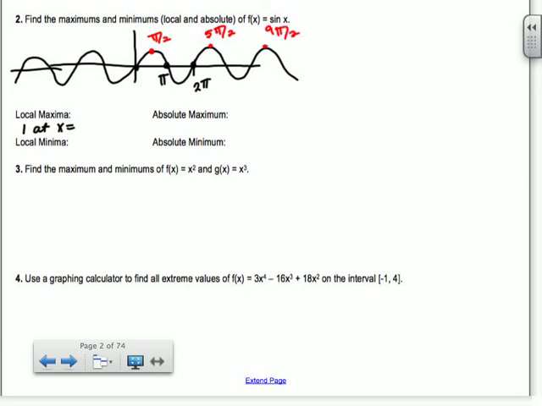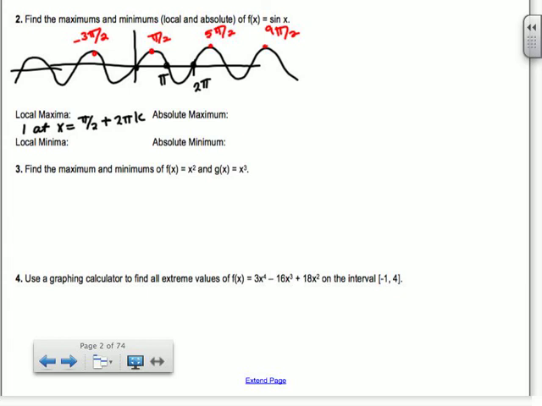Okay, and then this is, what's that one? -3 pi over 2. Okay, so we're going to say at x equals pi over 2 plus 2 pi k, where k is an integer. Right, you either add 2 pi or subtract 2 pi. So it's 1 at x equals pi over 2 plus 2 pi k.